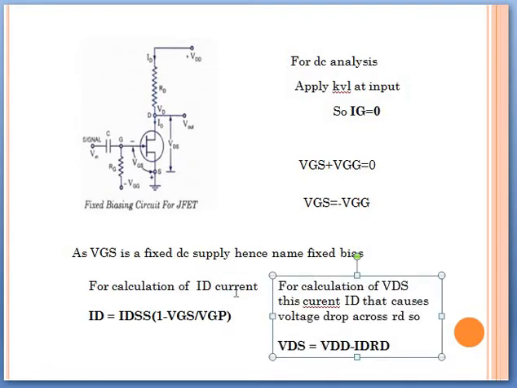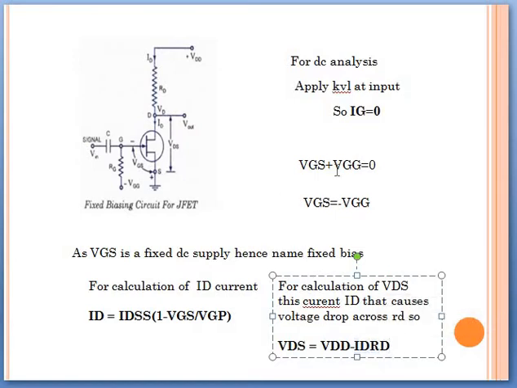For calculation of VDS, which is also a parameter, we apply KVL at the output side. The current ID drops voltage across the resistor RD, so VDS is equal to VDD minus ID RD.